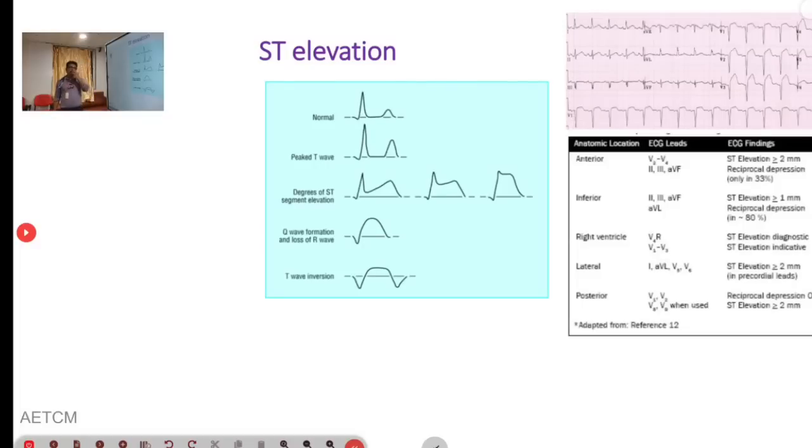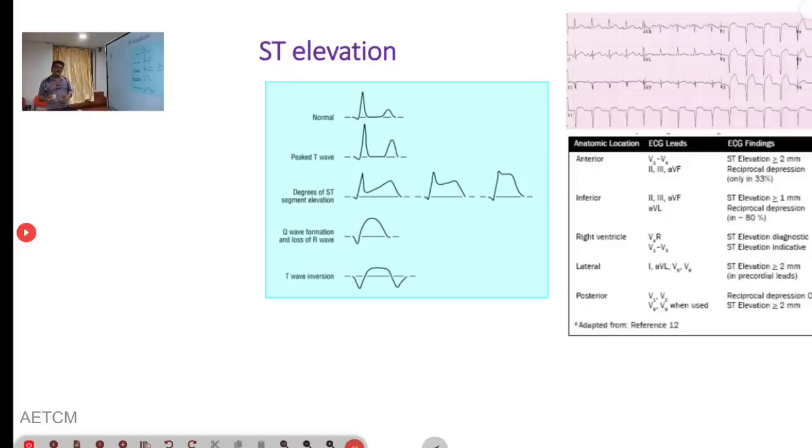Now ST segment elevation. Whenever you see ST segment elevation, you always suspect myocardial infarction. For example, somebody is coming with severe left-sided chest pain. You are seeing the ECG, and ECG shows V1 to V4 ST segment elevation. That is anteroseptal myocardial infarction. That is acute.